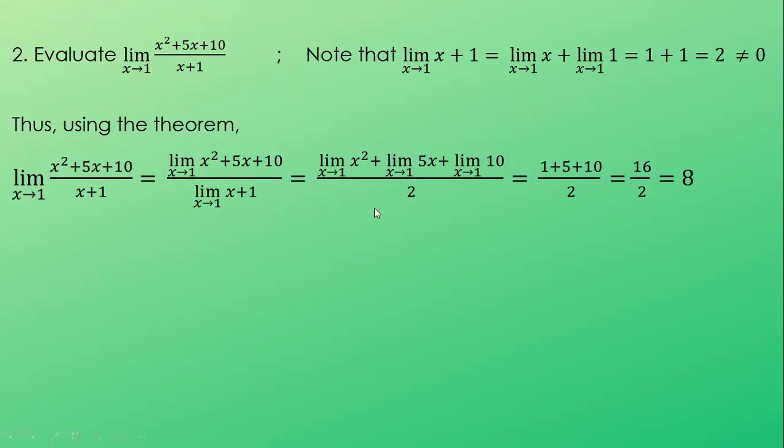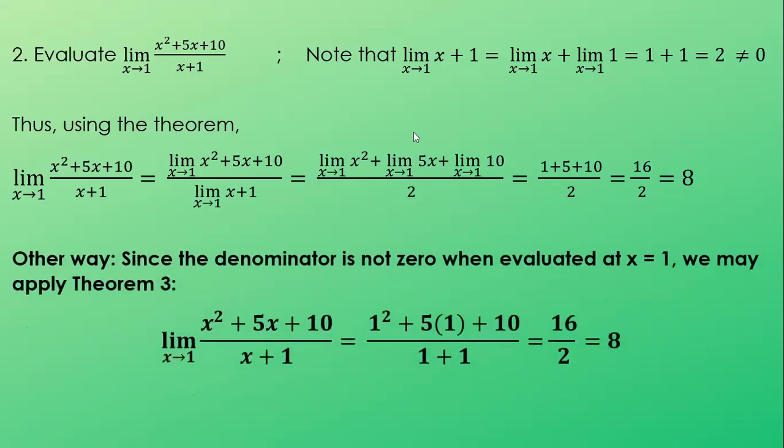But using Theorem 3, since meron siyang denominator, si Theorem 3 ang mag-a-apply. So, substitute yung 1 dun sa ating x. So, we have 1 squared plus 5 times 1 plus 10 over 1 plus 1. That will give us 16 over 2. And our final answer will be 8.